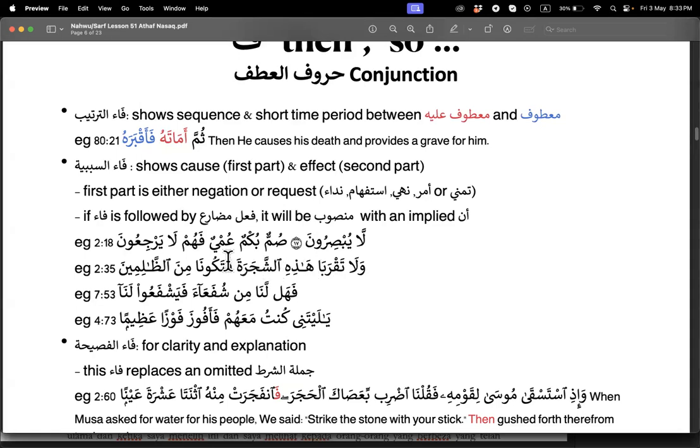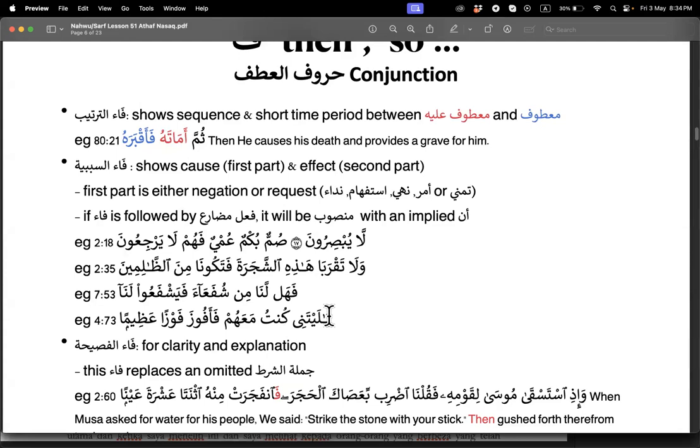Don't do this; if you do this, then you become this. So in Malay I think we use something like nescaya. Don't go near this tree lest you become among the zalimin. Jangan dekat dengan pokok itu, nescaya kau akan jadi.